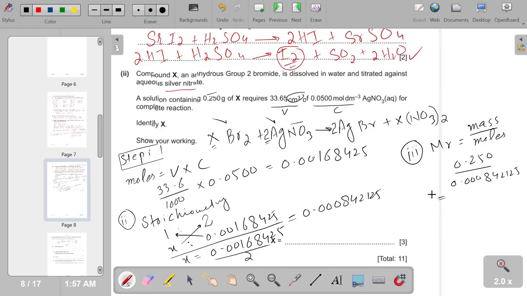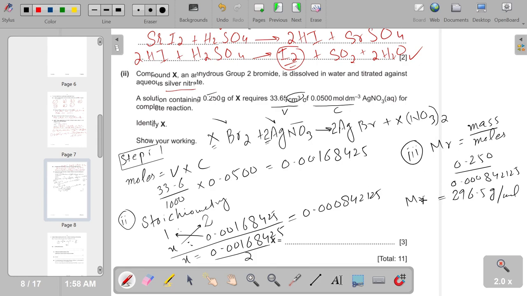So here's the answer. Mr is equal to 296.5 gram per mole. Okay, is it clear? So it is already done.